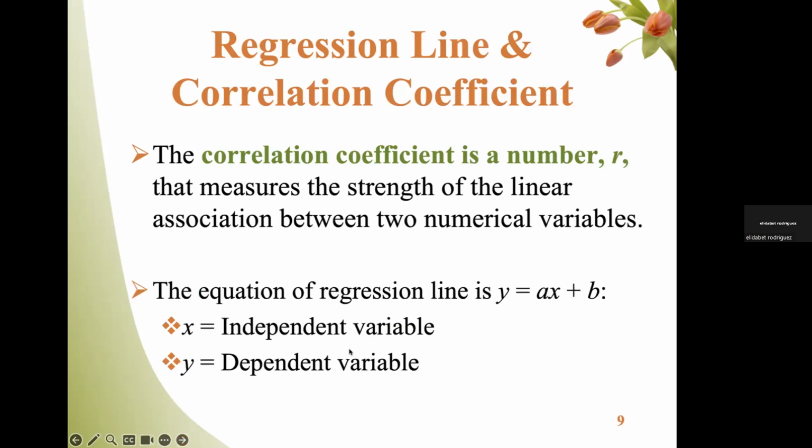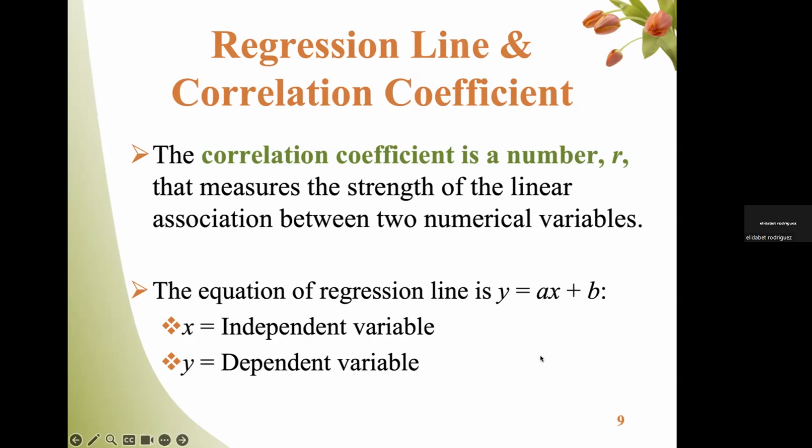As we said, we had a set of ordered pairs: X values, the independent variable, and Y values, the dependent variable. The first number is the X coordinate, the second number is the Y coordinate.